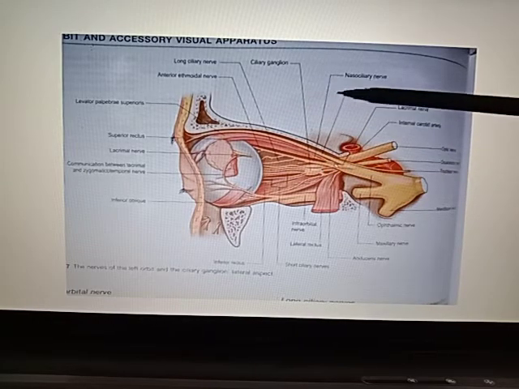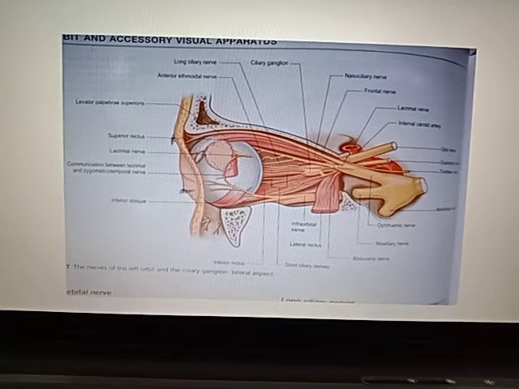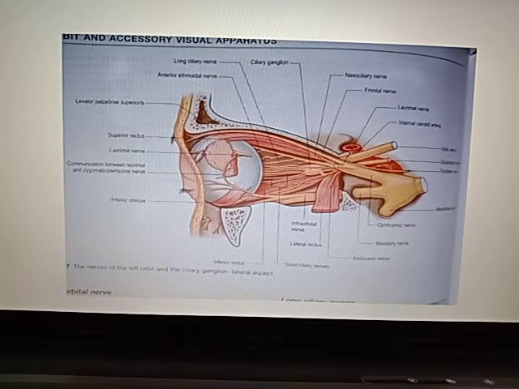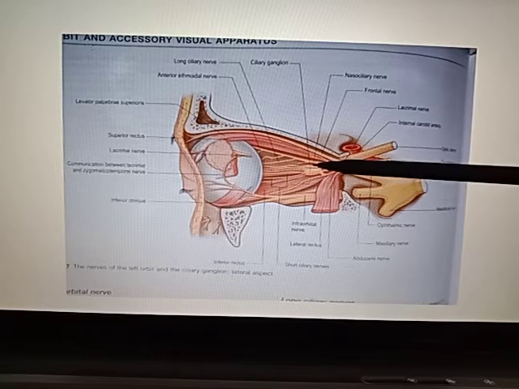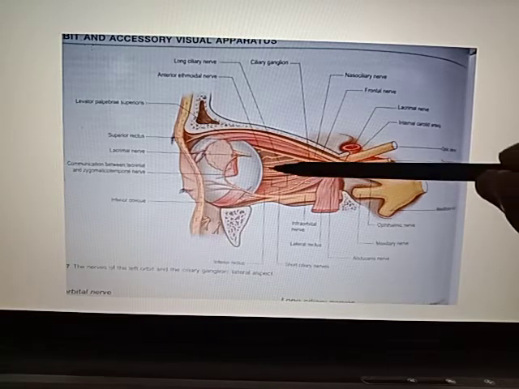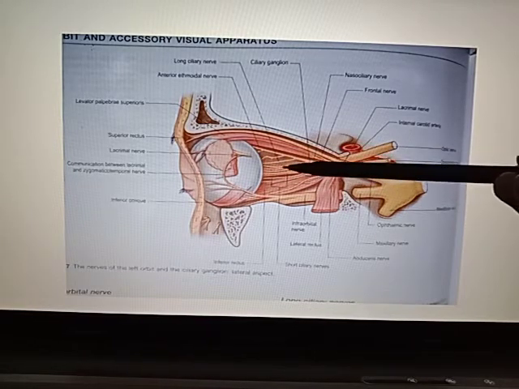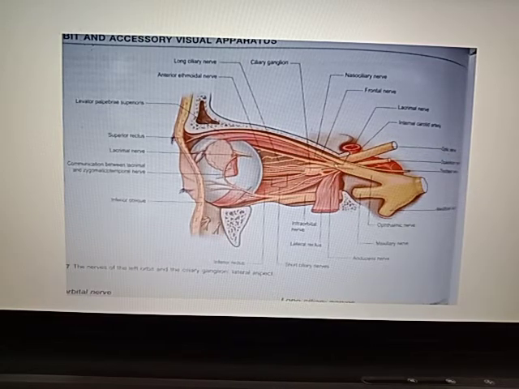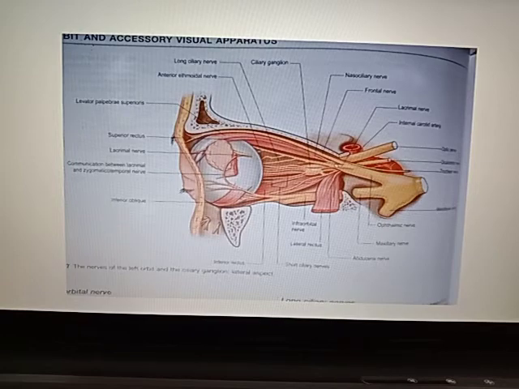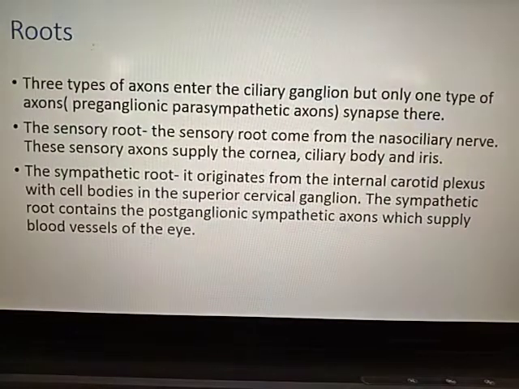The nasociliary nerve is a branch of the ophthalmic division of the trigeminal nerve. These small branches which come out from the ciliary ganglion are the short ciliary nerves, and these which come from the nasociliary nerve are the long ciliary nerves. Okay, come to the next slide.